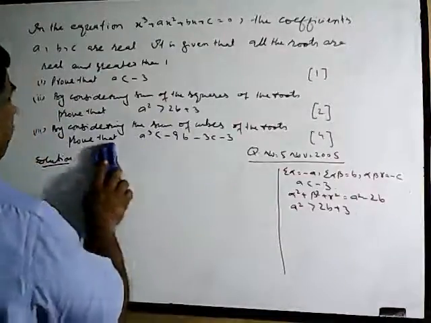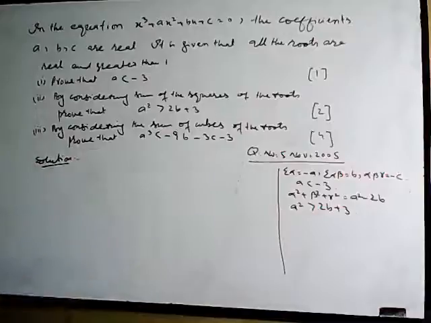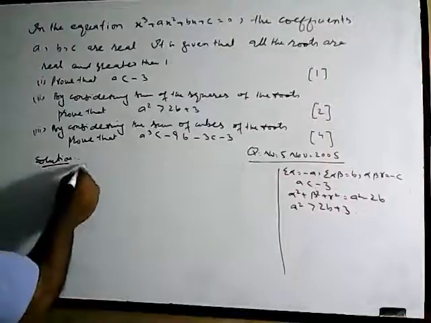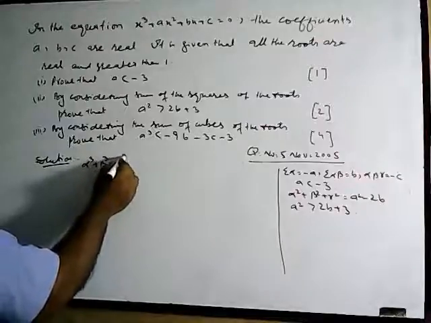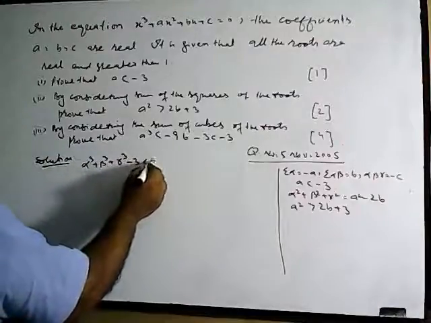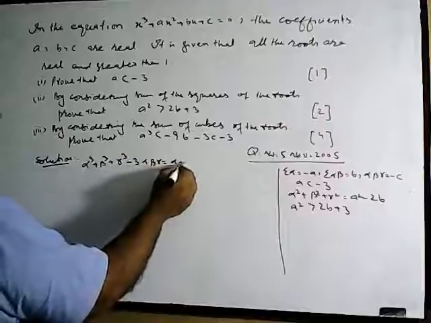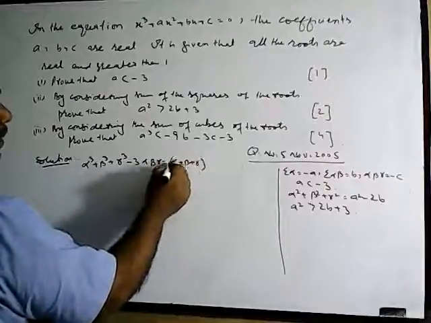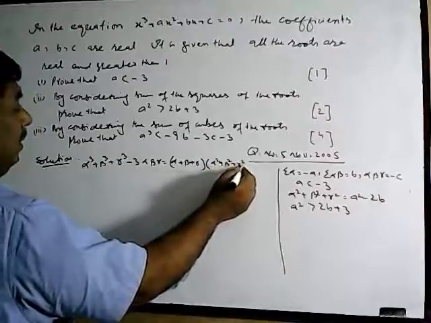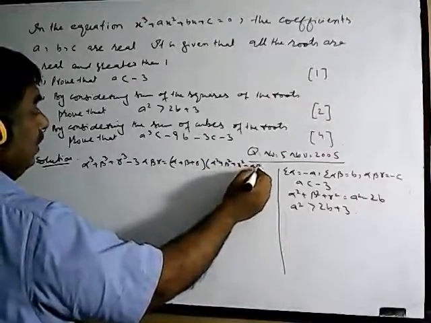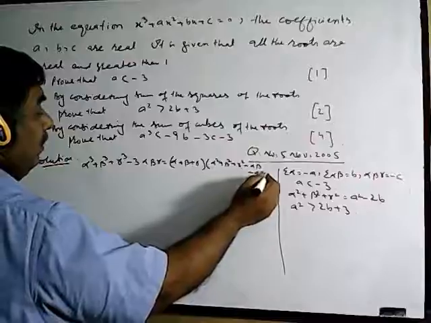Now let us go for the third part. The third part says that a cubed is less than minus 9b minus 3c minus 3, by considering the sum of the cubes. So let us see cubes. Alpha cube plus beta cube plus gamma cube minus 3 alpha beta gamma is always equal to alpha plus beta plus gamma into alpha square plus beta square plus gamma square minus alpha beta minus alpha gamma minus beta gamma.